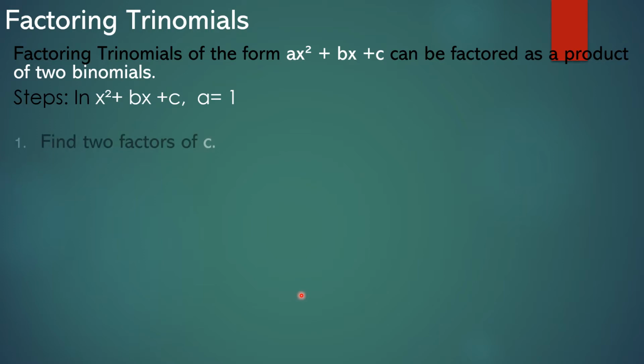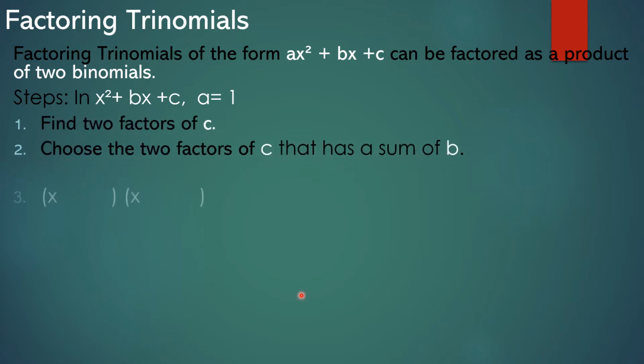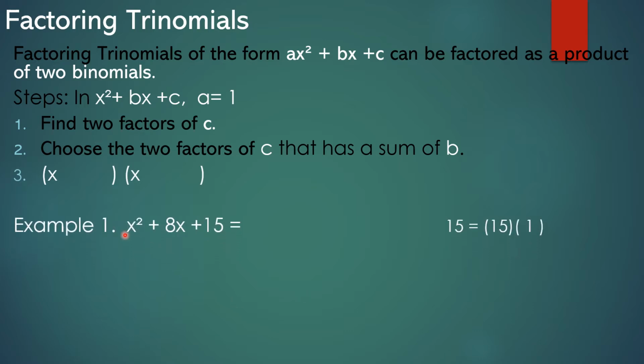And here are the steps, but we're going to go over them one by one as we go on with our example. Let's have an example here: x squared plus 8x plus 15.